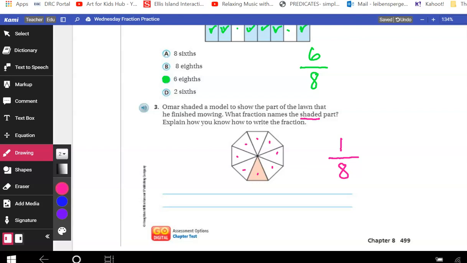So to explain that, let's see. I'll put here 1/8, and then I'm going to put my explanation. There are 8 equal parts, and one part is shaded.